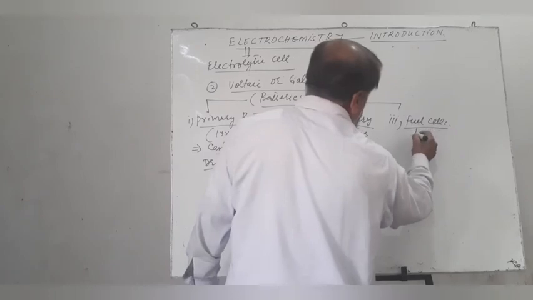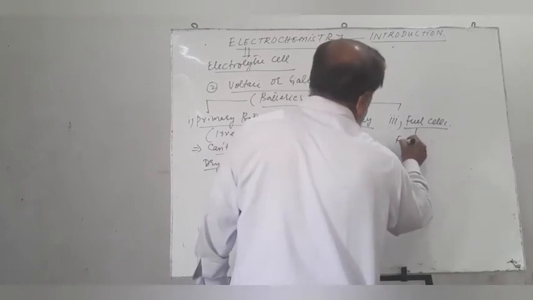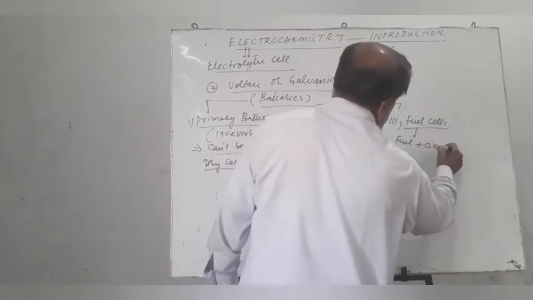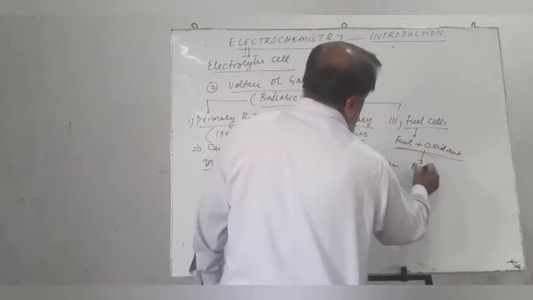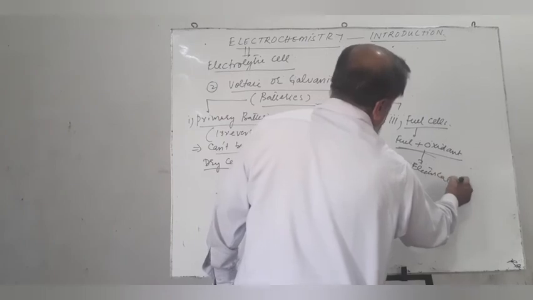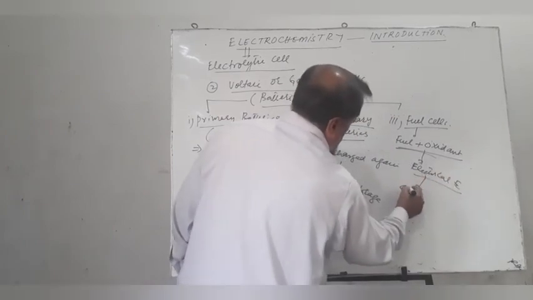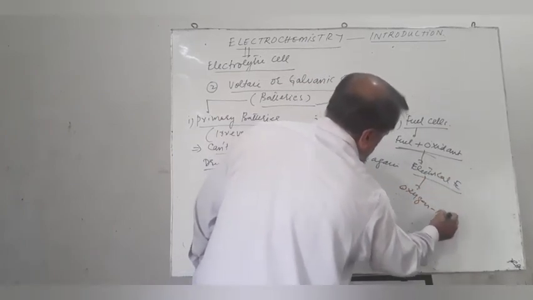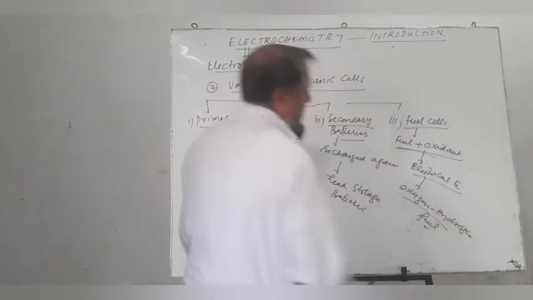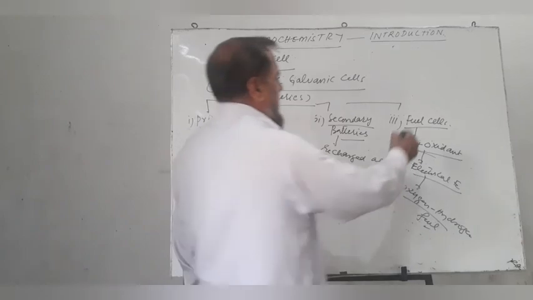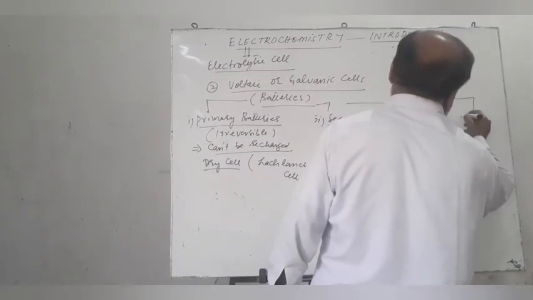In these cells, fuel and oxidant react together and produce electrical energy. One common fuel cell is the oxygen-hydrogen fuel cell, in which hydrogen and oxygen gases are used to generate electrical energy by a chemical reaction in which water is formed.